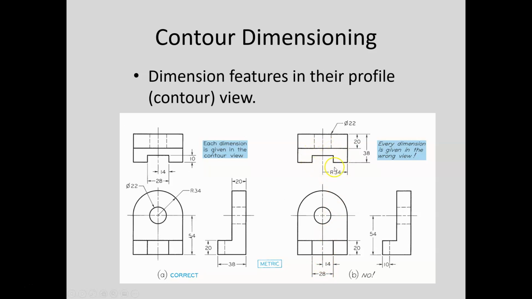So we really should be putting this 28 up here, like it is right there, okay? So I encourage you to go through this drawing, cover up this side, and just mark the dimensions that you don't feel are following the contour rule, and then reveal and see if you got it right.